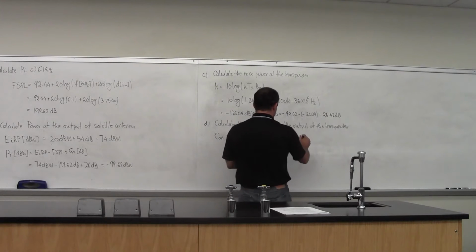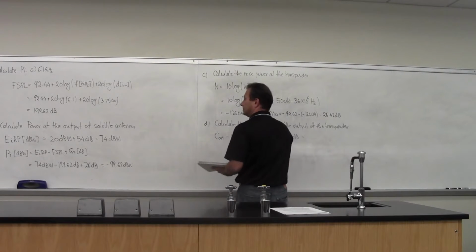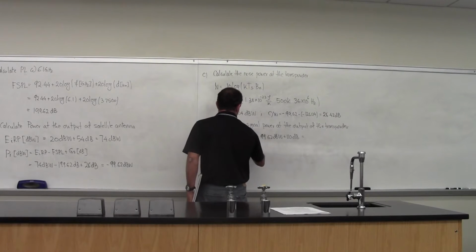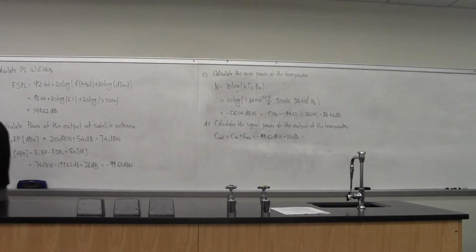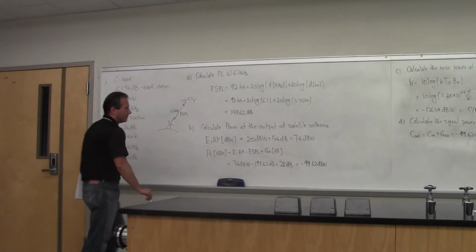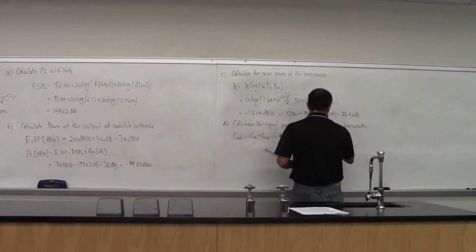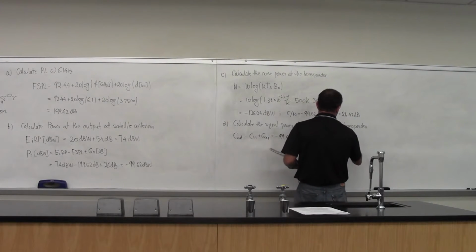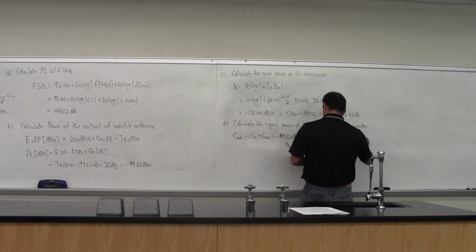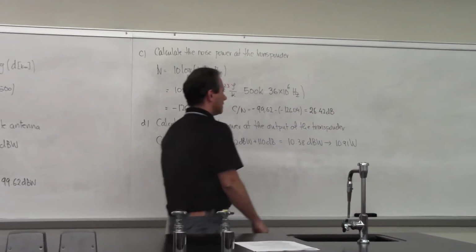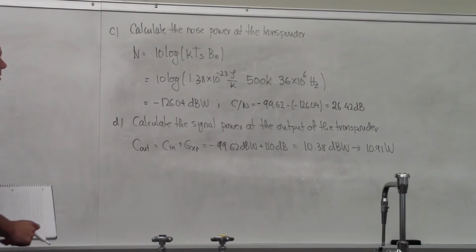GXP? Let's just do the next. So this is 10.38 dBW, which is 10.91 watts. So that's how much power the transponder is putting out.